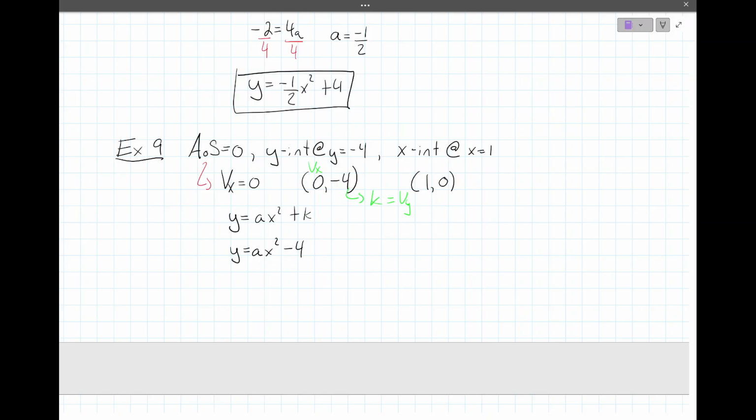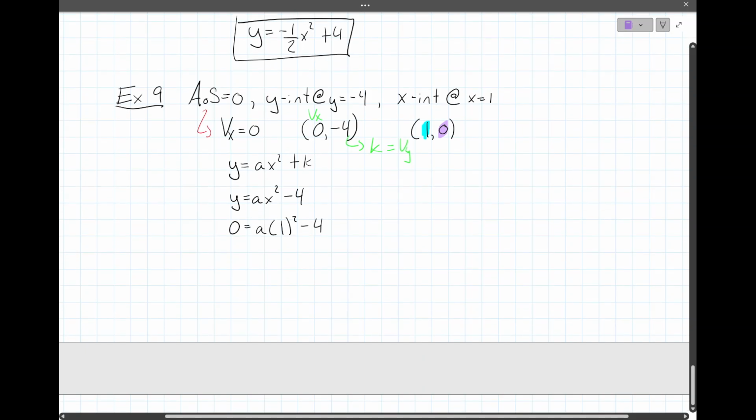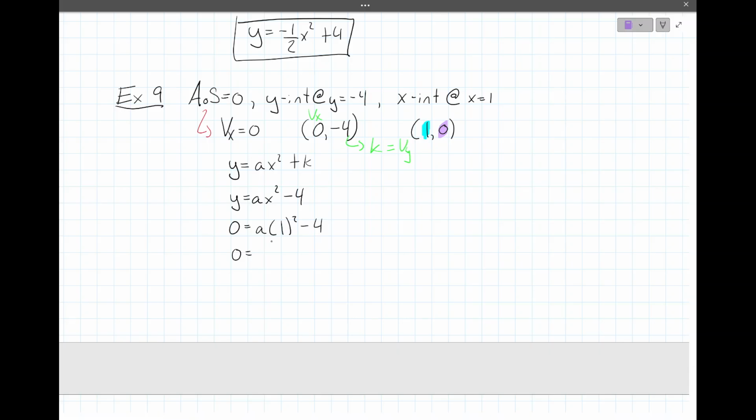And now I'm just going to take that 1 and that 0 and pop them in. So this is 0 equals a times 1 squared minus 4. I want to solve for a. 1 squared is 1, and 1 times a is just a, so 0 equals a minus 4.